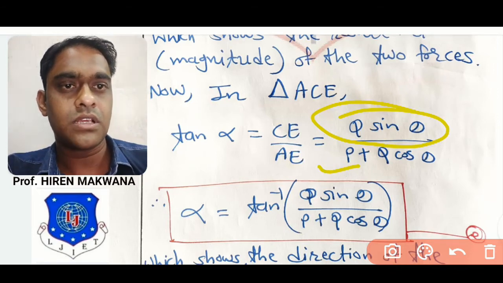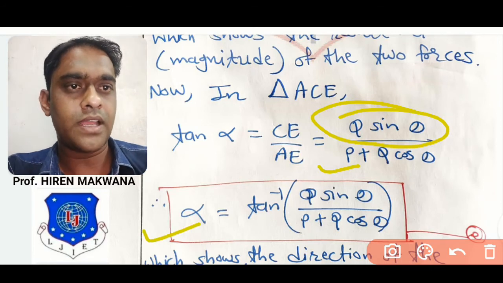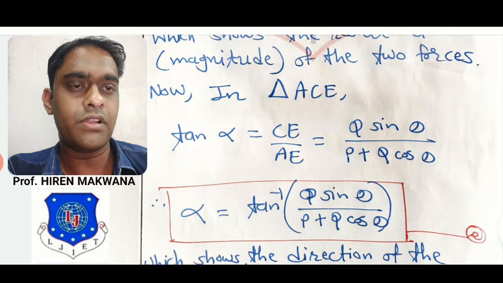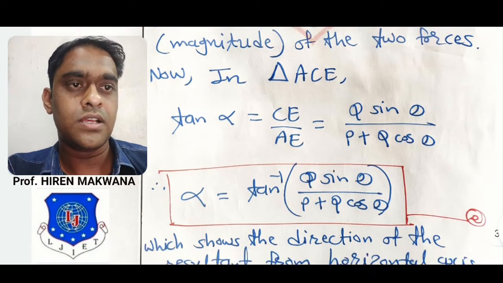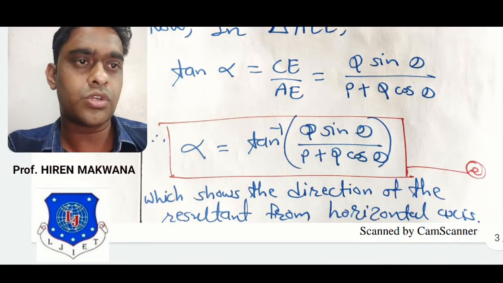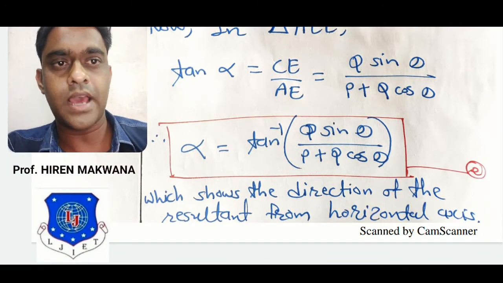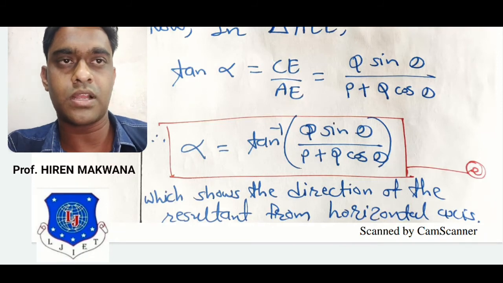Taking tan inverse, alpha is equal to tan inverse of Q sin theta upon P plus Q cos theta. So what is this alpha? This is the direction of the resultant with respect to the same horizontal line. This is equation number 2, which shows the direction of the resultant from the horizontal axis.